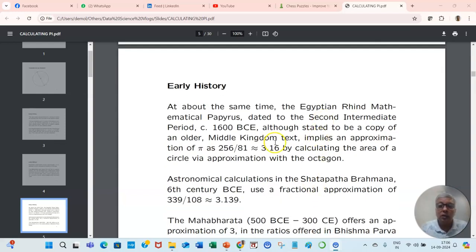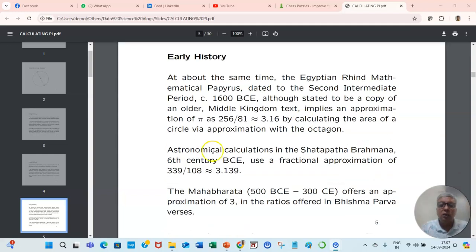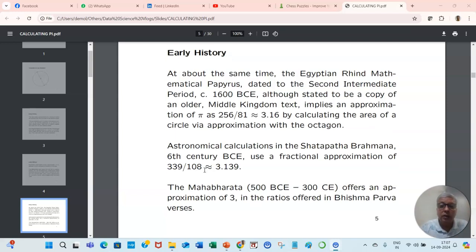In the Rhind papyrus, pi is approximated as 256 by 81, which is 3.16. In ancient India in the 6th century before Christ, the fractional approximation used was 339 by 108. So there have been various fractional approximations of pi over the ages.